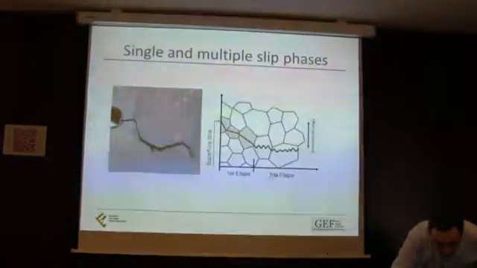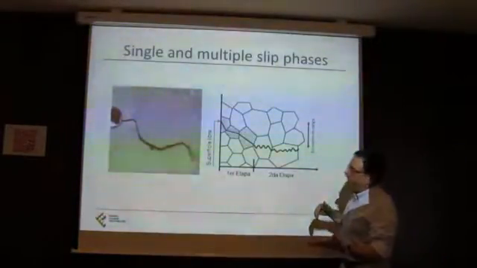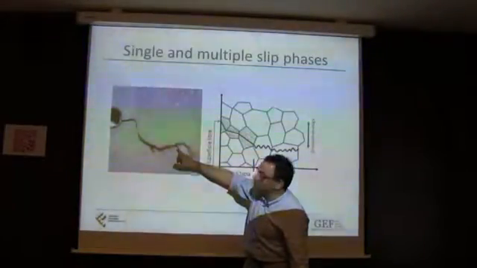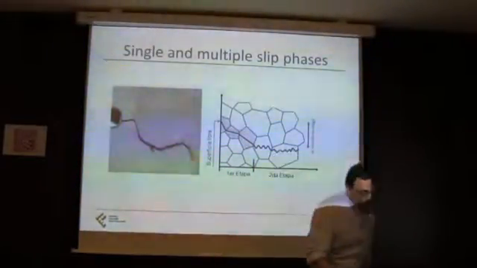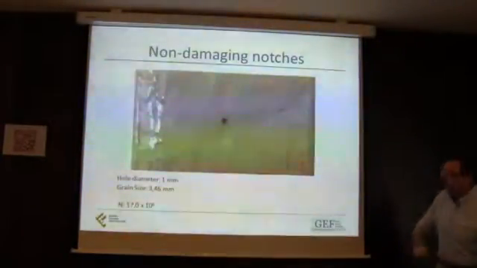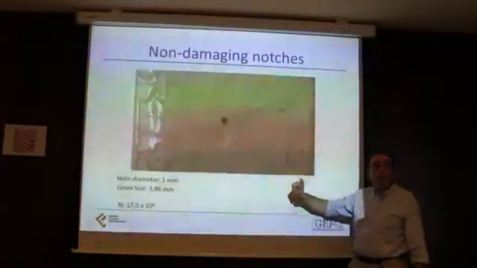Right? Well, we also see both single slip behavior and multiple slip behavior. In this crack, you can see the different things. And also we can see that we have non-damaging notches.